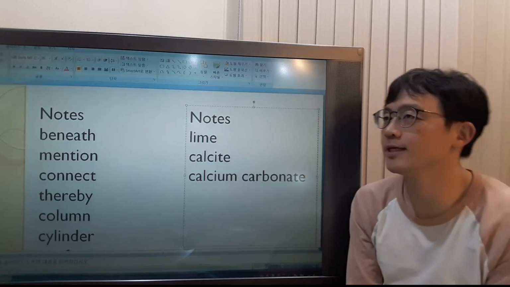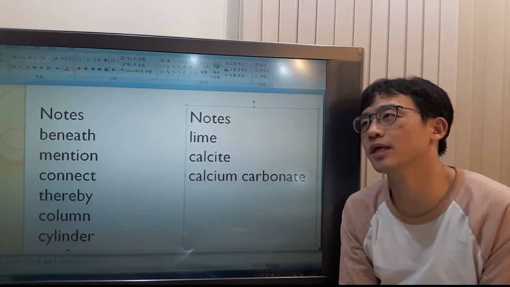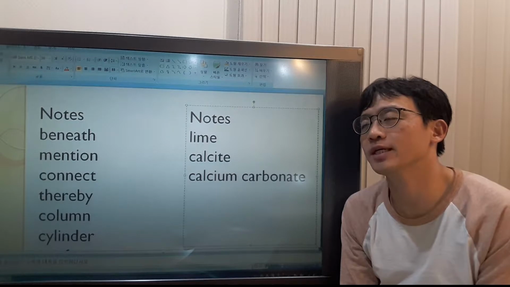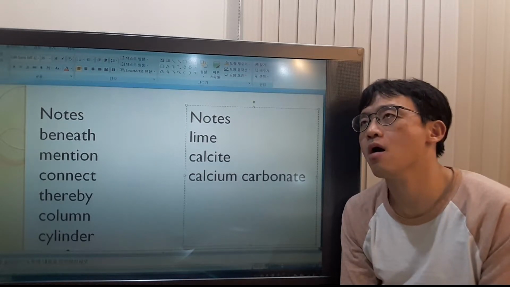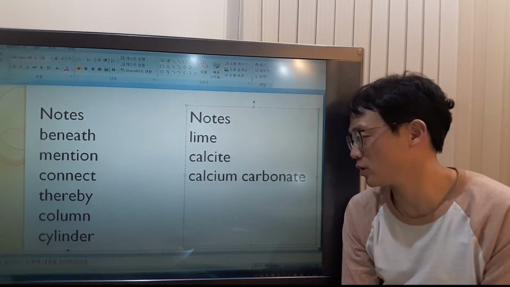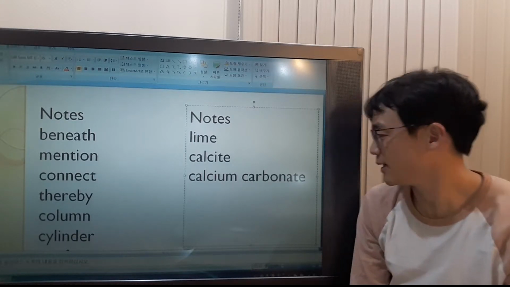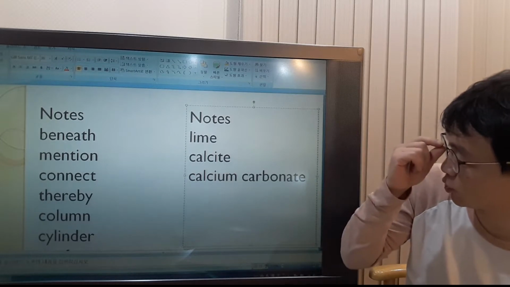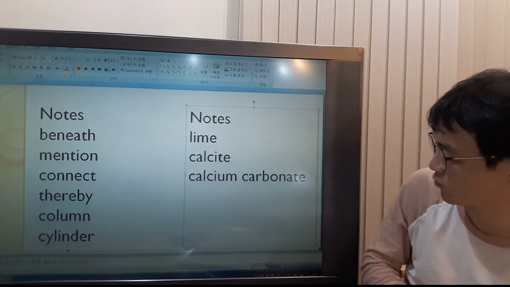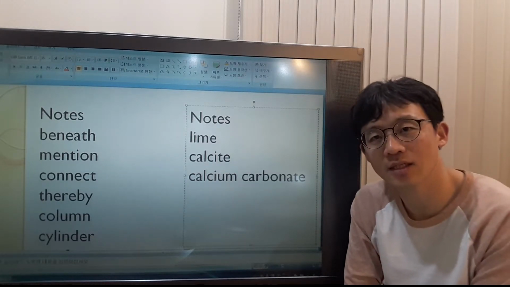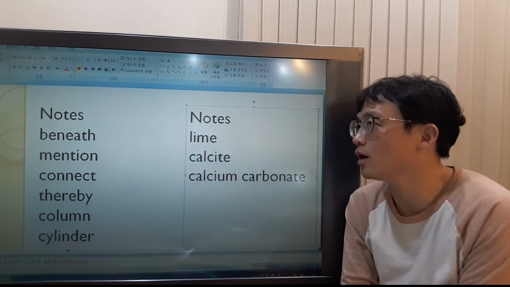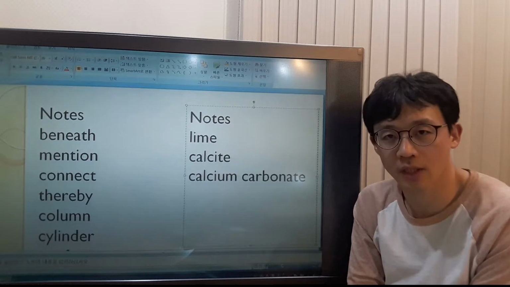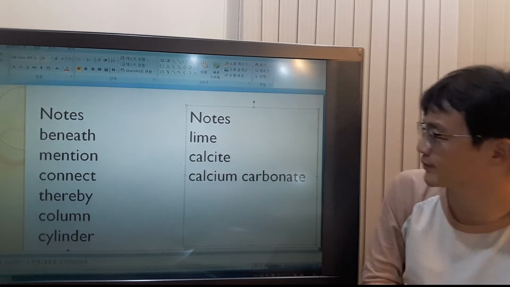Calcium is a soft white element that is in bones or teeth or limestone, marble, or chalk. Okay, calcium. And then carbonate is used in substances made from carbonic acid. Carbonic acid, that is a compound of carbon dioxide and water. Do you understand? Okay.